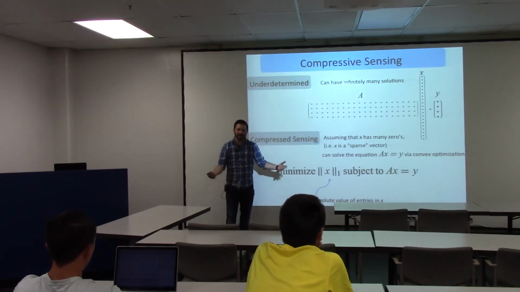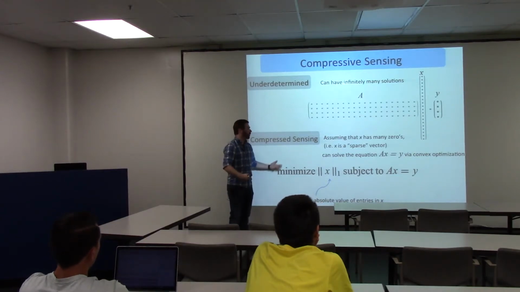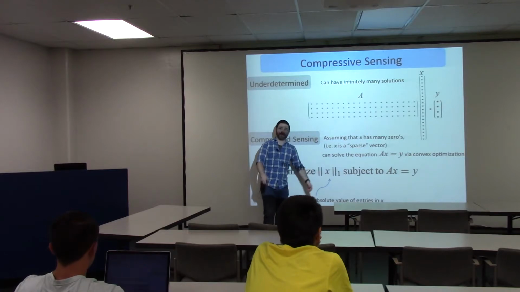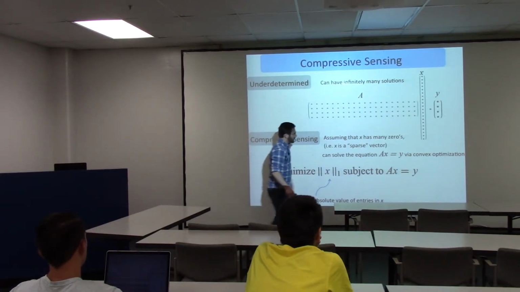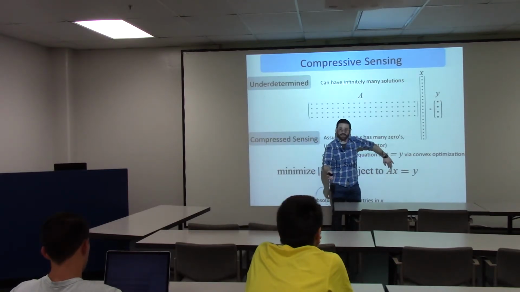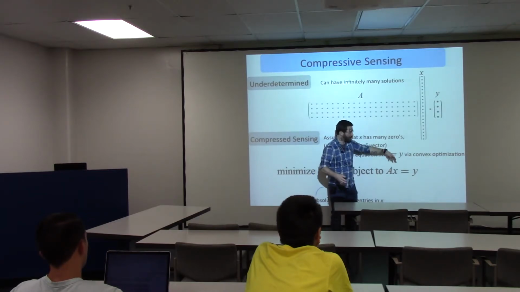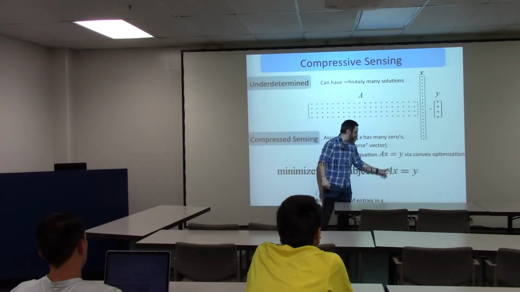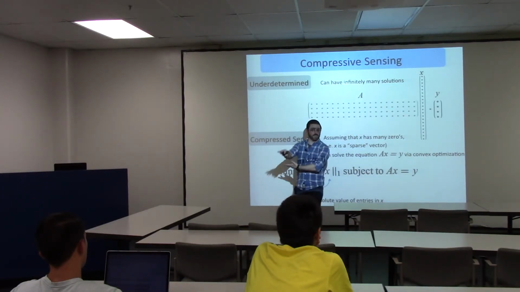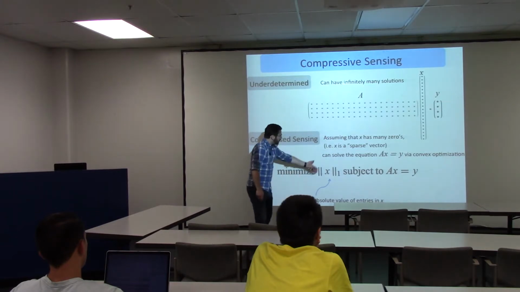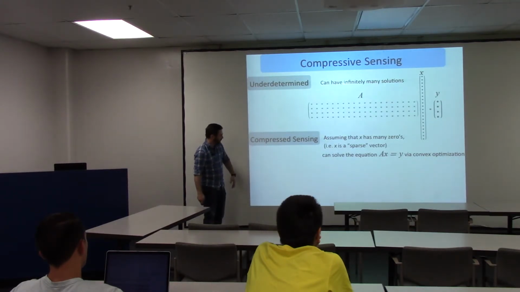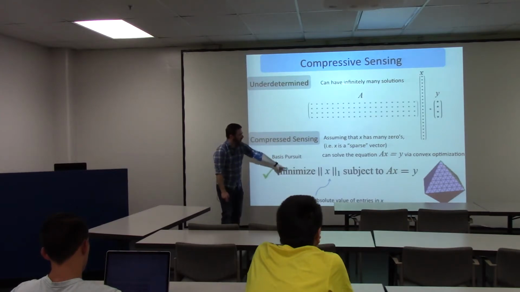And you might think, what in the world does that have to do with minimizing the number of non-zero entries? Well, it turns out that mathematically you can prove that as long as this matrix A right here satisfies some nice geometric conditions, the most traditional being something called the RIP, or restricted isometry property, meaning that as a linear transformation, this A right here does not deform space too much, then you can show that this optimization procedure right here, called basis pursuit, is convex.